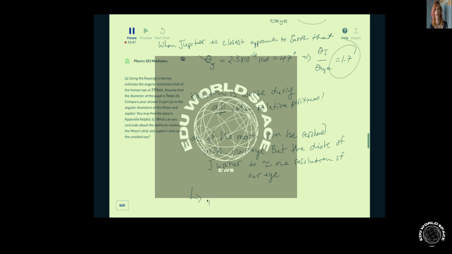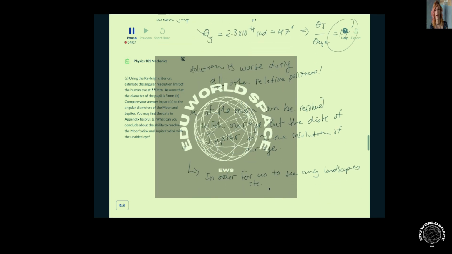This means that in order for us to really actually see any features or see any landscape, etc., on Jupiter's surface, those landscapes or features would need to be enormous.